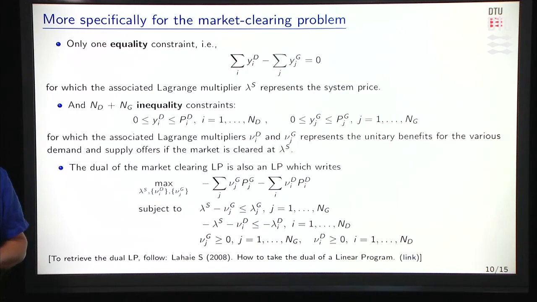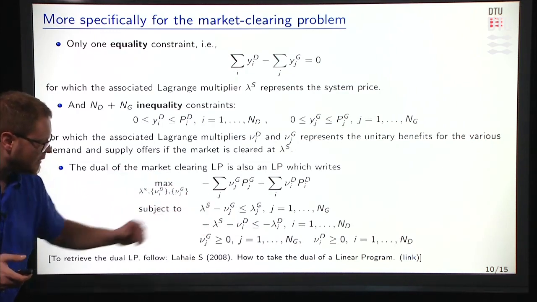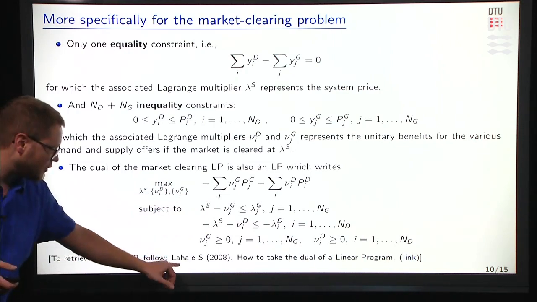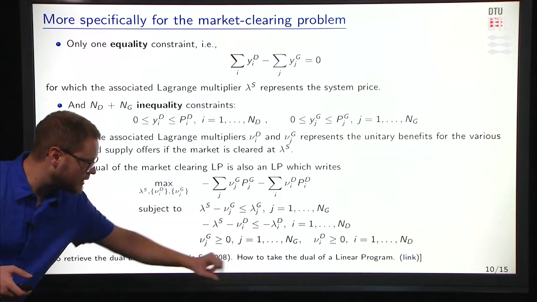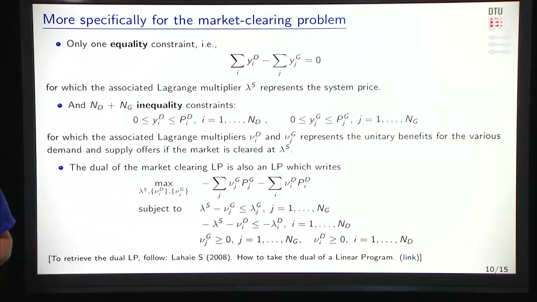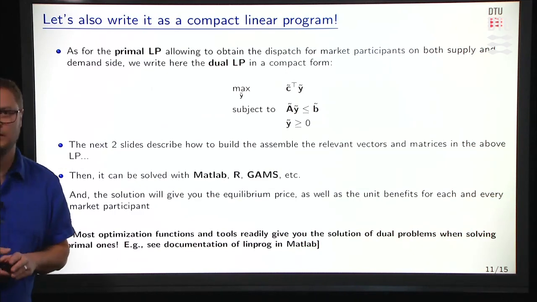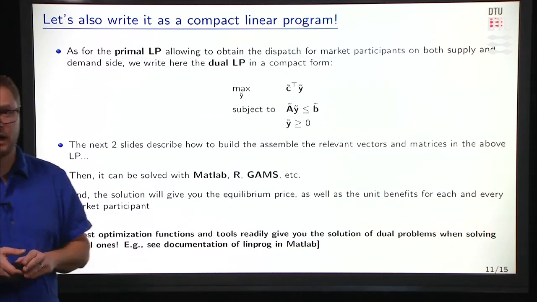Eventually, we can write it here more detailed as this linear program, and if you really want to get into the detail, the methodology for doing so is given in this publication where the link is provided. As I explained, we still have to deal with a linear program.